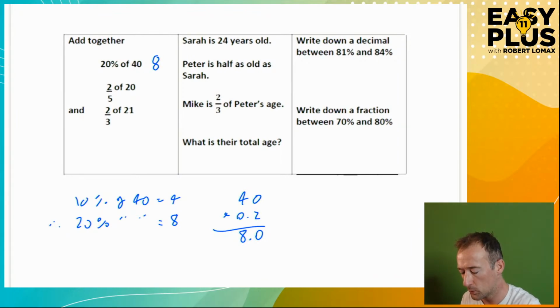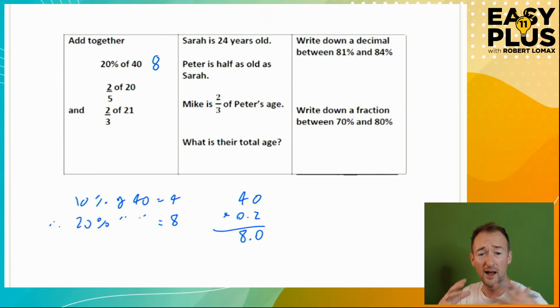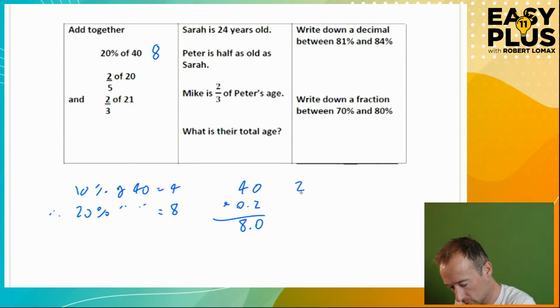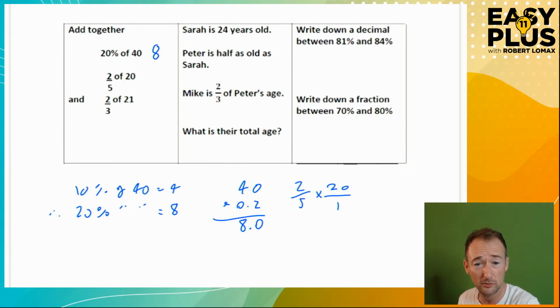2/5 of 20. Remember, of course, as anybody who's watched any of my maths videos knows, that "of" in maths means times. Yes, it does. So 2/5 of 20, let's do it here. 2/5 times 20 over 1, because any number is itself over 1.